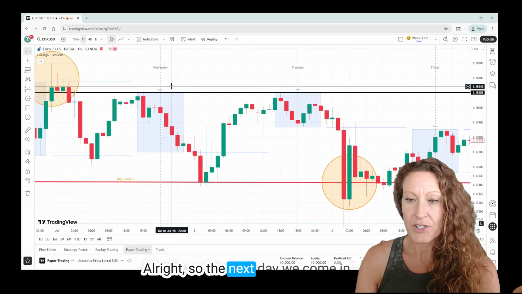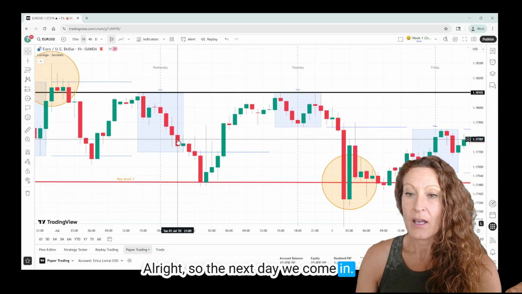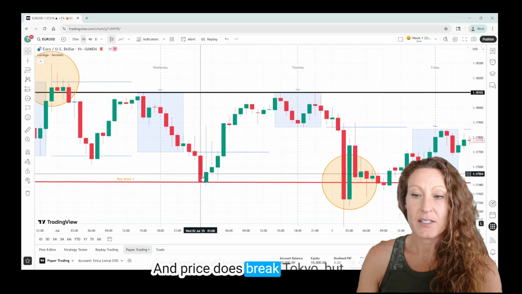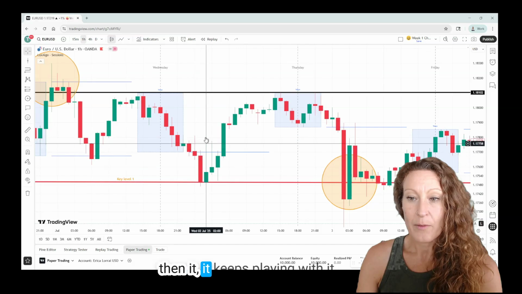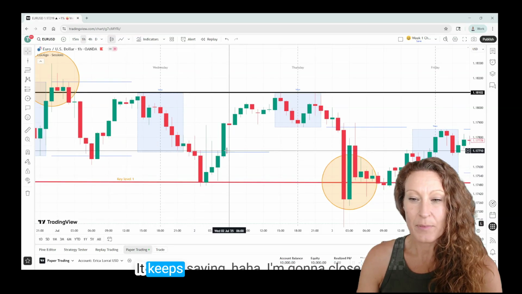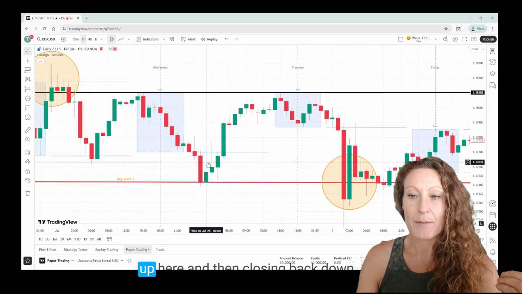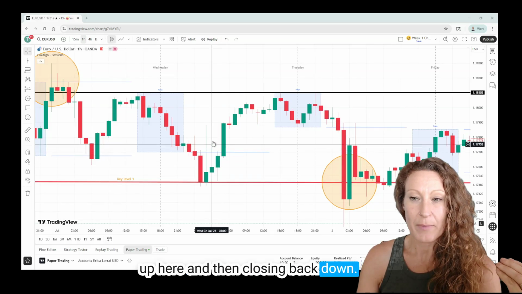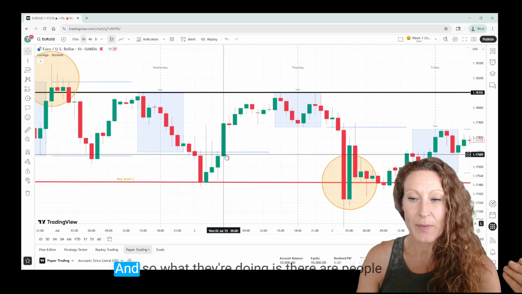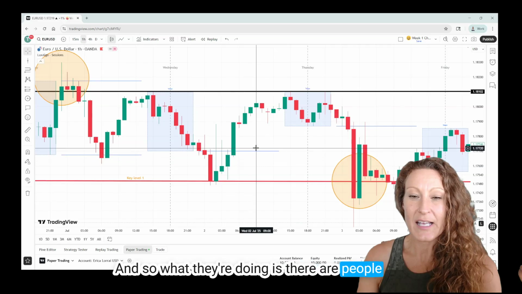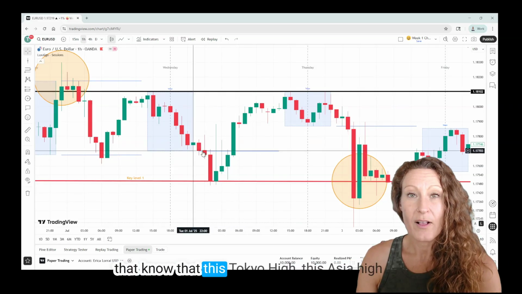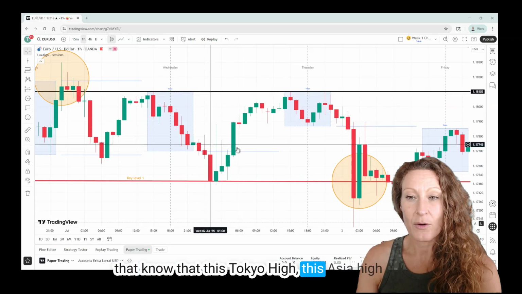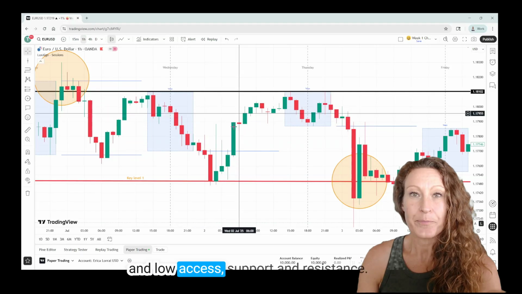All right, so the next day we come in and price does break Tokyo, but then it keeps playing with it. It keeps saying, haha, I'm going to close up here, and then closing back down. I'm going to close up here and then close back down. And so what they're doing is there are people that know that this Tokyo high, this Asia high and low, acts as support and resistance.